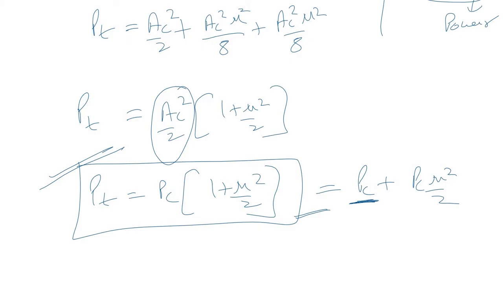The carrier signal is just to carry your information signal from one place to another. It does not carry any useful information in it. Since we are transmitting the carrier signal in addition to the modulated signal, it is simply a waste of power, because this carrier signal having power PC does not contain any information. So we are wasting a good amount of power over here.